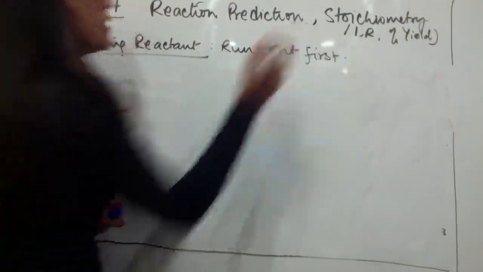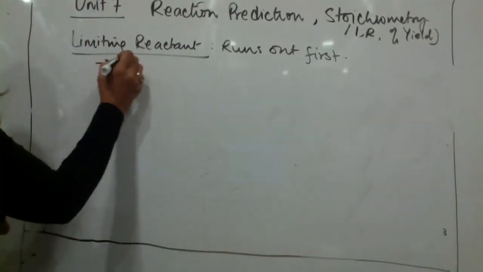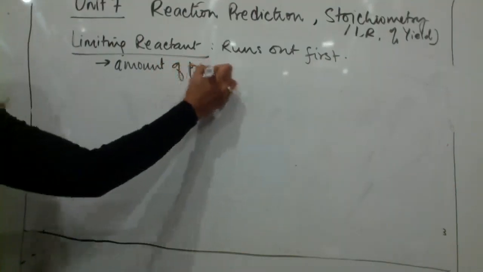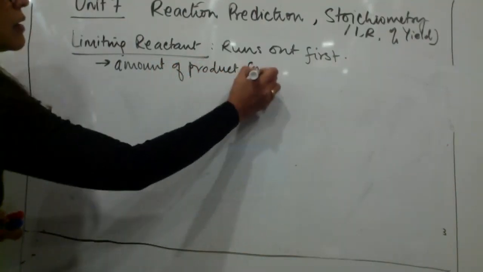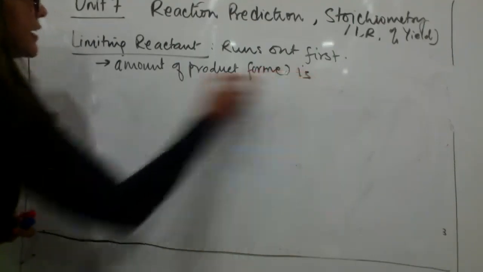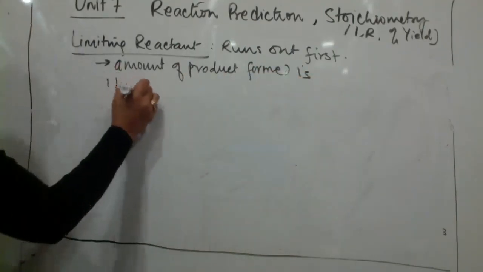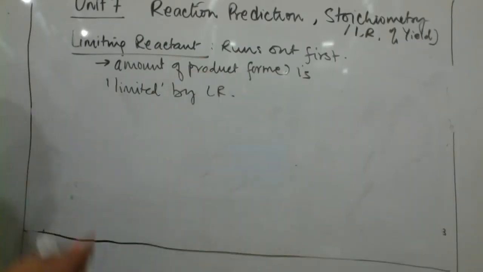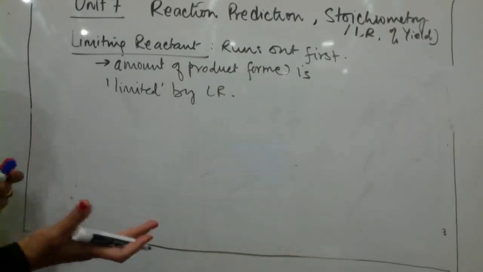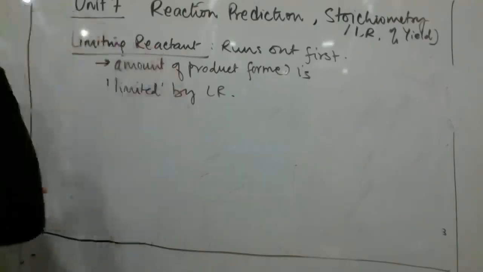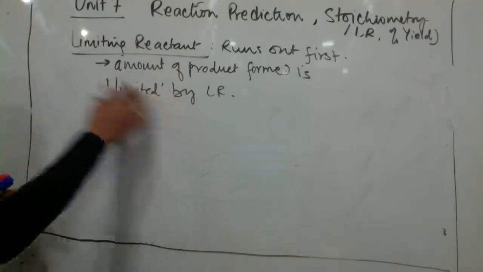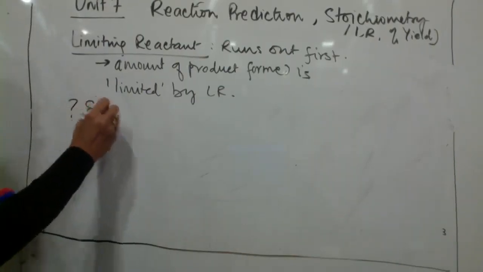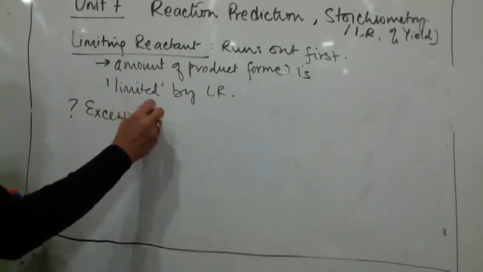And why is limiting reactant important to know? Because the amount of product formed is limited by limiting reactant. So when you're calculating how much product will be formed, you just use the limiting reactant's amount. And the second type of question that is asked is how much of excess reactant will remain.